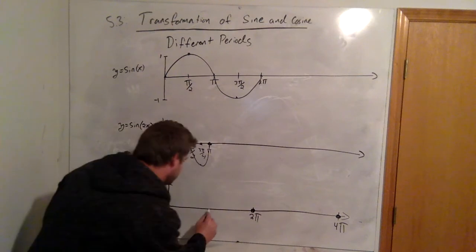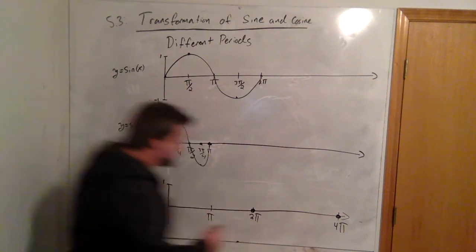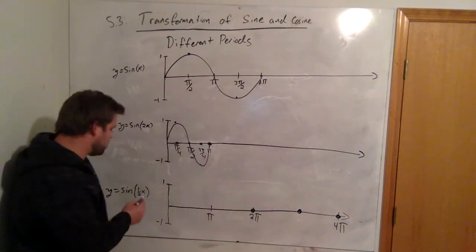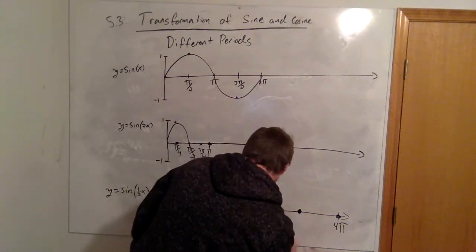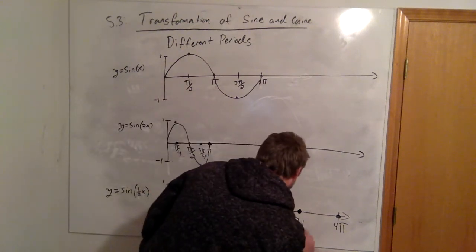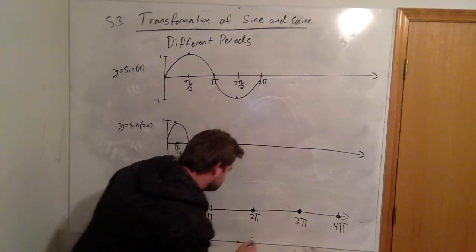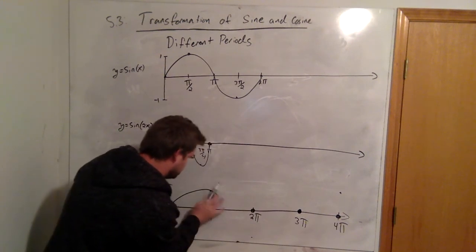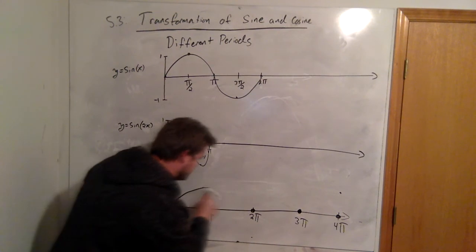So when I multiply the x value by a fraction, this actually stretches my graph, because I have to plug in a larger x value to get the same outputs. So 1 pi, this is 3 pi. So what we have here is a sine graph with a much larger period.